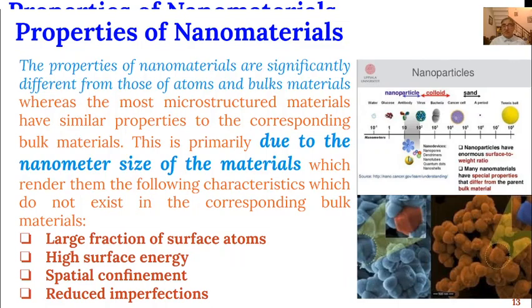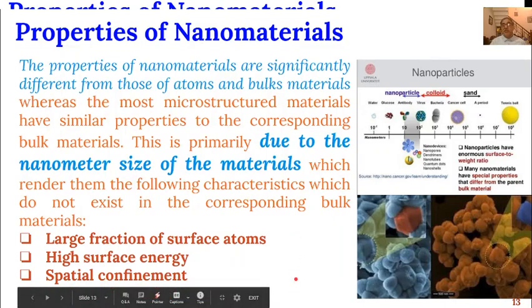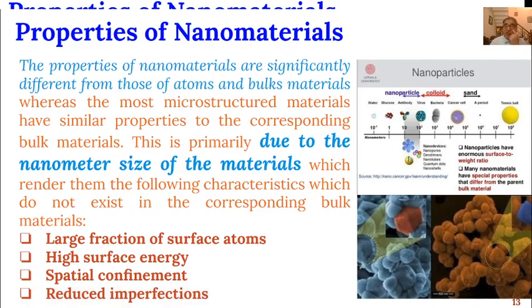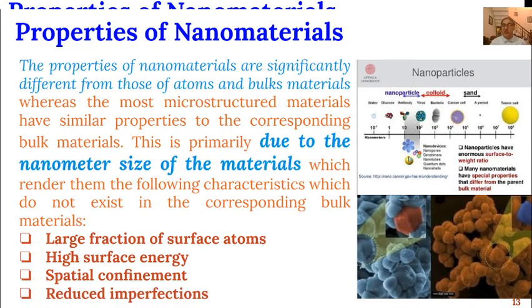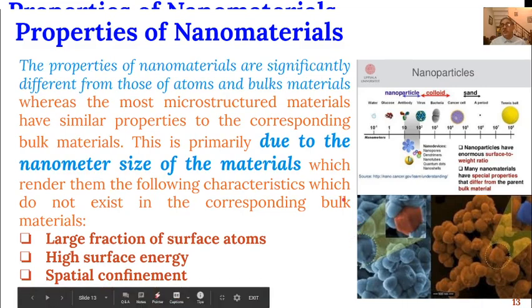They have large fraction of surface atoms, they have high surface energy, then there is a spatial confinement, and there are reduced imperfections. And because of all these four important characteristics, the nanomaterials have unique properties, and because of these unique properties, they find applications in many types of industry, like electronic industry, medical industry, environmental industry. All types of industries find applications for nanomaterials.